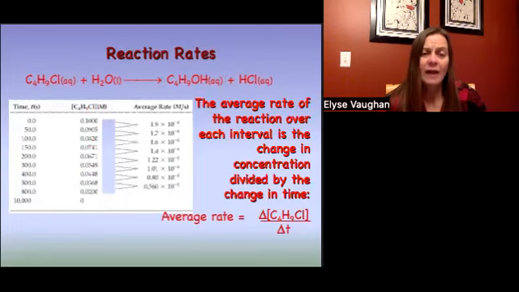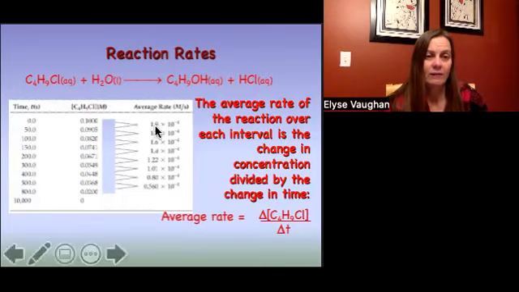If we want to find average rate of reaction, we can find an average rate for the whole reaction, or we can find it for each time interval. For each time interval, we would find the change in concentration and divide it by the change in time. You can see that we have these average rates. We look at the change in concentration over the change in time to find each of these average rates.